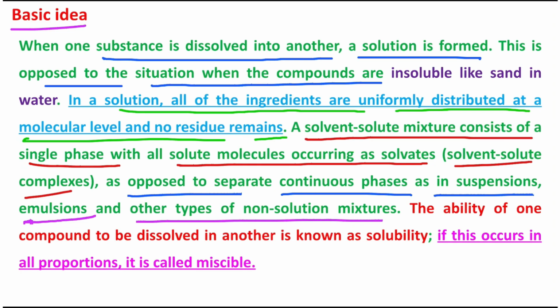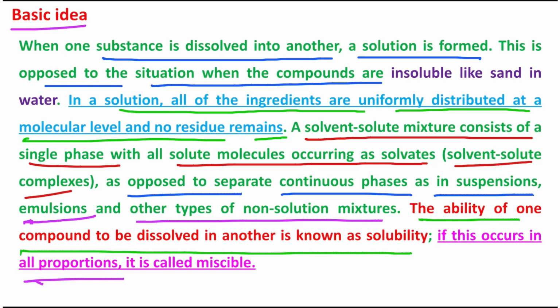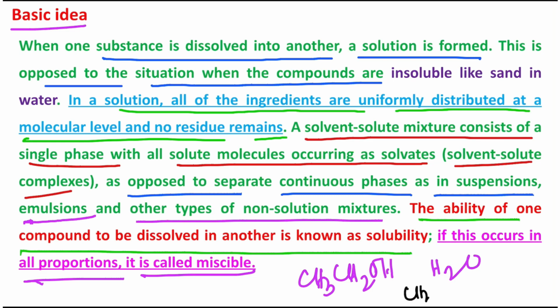Now, the ability of one compound to be dissolved in another is known as solubility, and if this solubility occurs in all proportions, then it is called miscible. For example, ethanol and water are miscible in all proportions. Acetone and water are also miscible in all proportions. That's why they are called miscible.